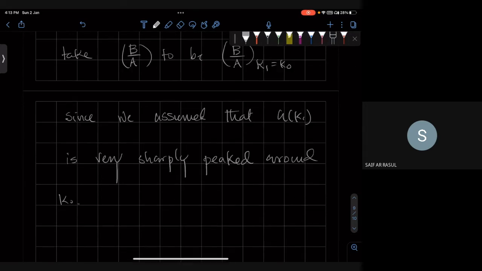Now, if you don't want to make this approximation, you're welcome to do that, but you might have to do a numerical integration. What we're interested in here is getting some physical intuition about what is happening, and so this is something we can do. Any questions about this?